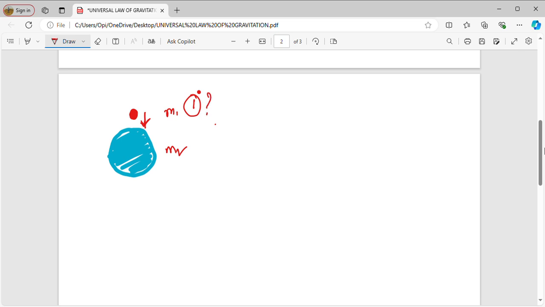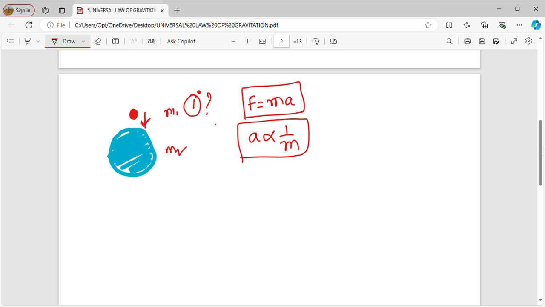The answer is, as Newton's second law says, force equals the product of mass and acceleration, F equals m a. From this relation, we are very clear that acceleration is inversely related to mass. If the mass is high, acceleration will be less.